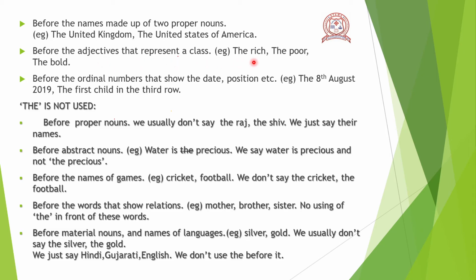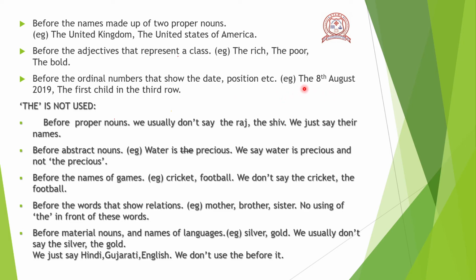Example, the rich, the poor, the bold. Here the adjectives rich, before that adjective we use the article the. A last point, before the ordinal numbers that show the date, position, etc. For example, the 8th August 2019.